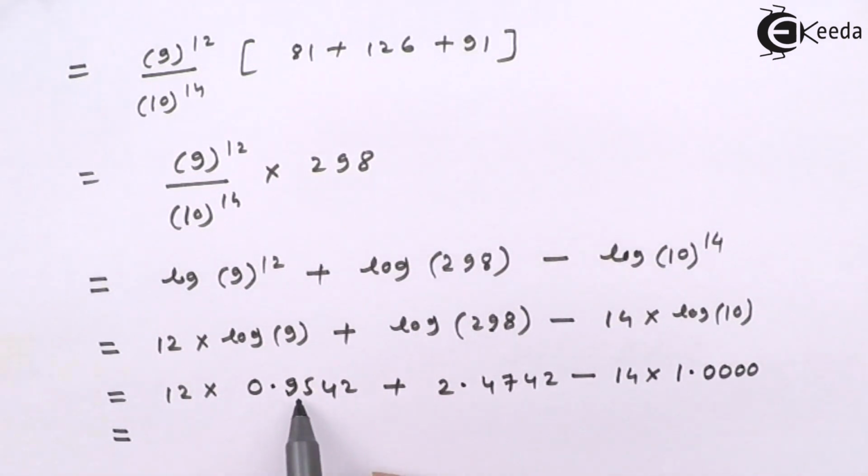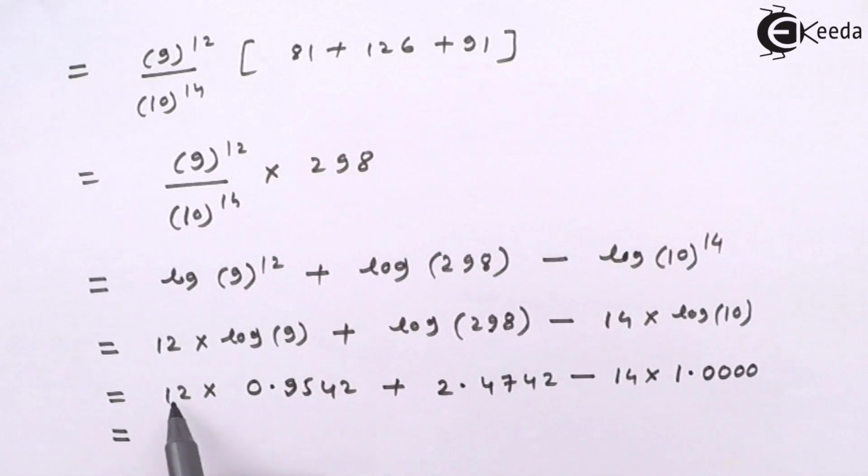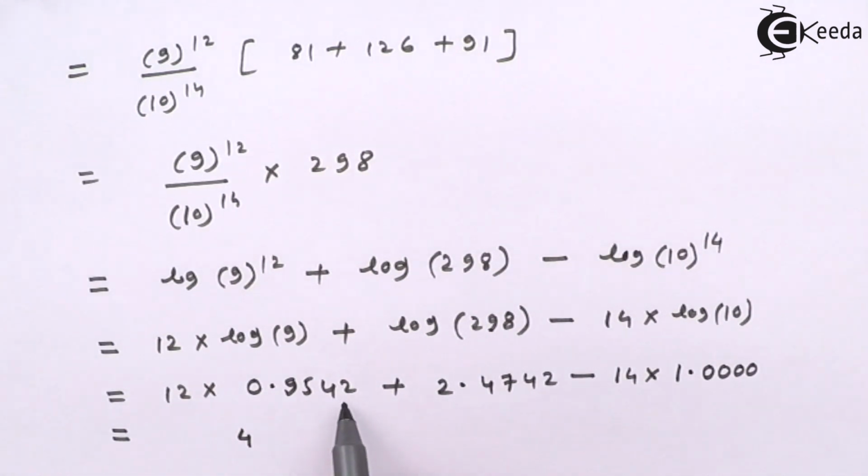So that is equal to, now the 0.9542 on multiplying with 12 we get 12 into 2, that is 24, carry 2, 12 fours are 48, plus 2, so that gives 50, carry 5, 12 fives are 60, plus 5, 65, carry 6, 12 nines are 108, plus 6, so that gives 114.